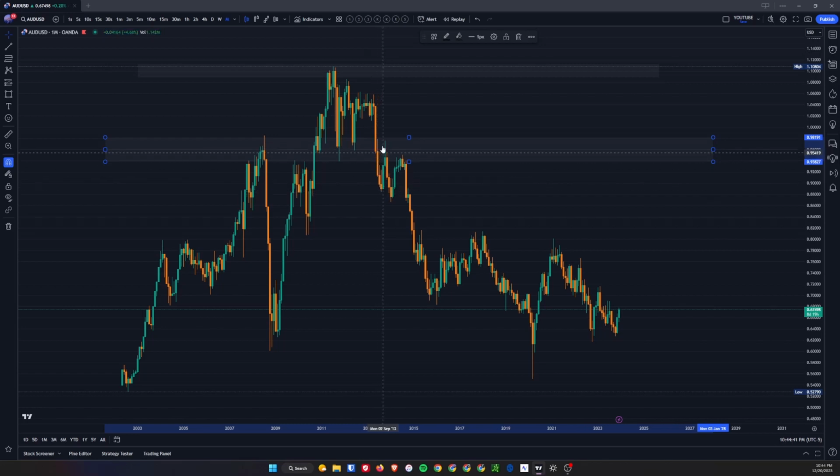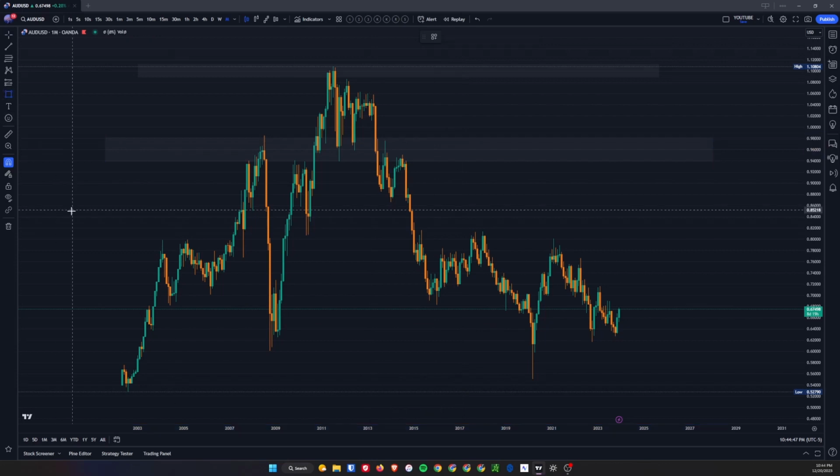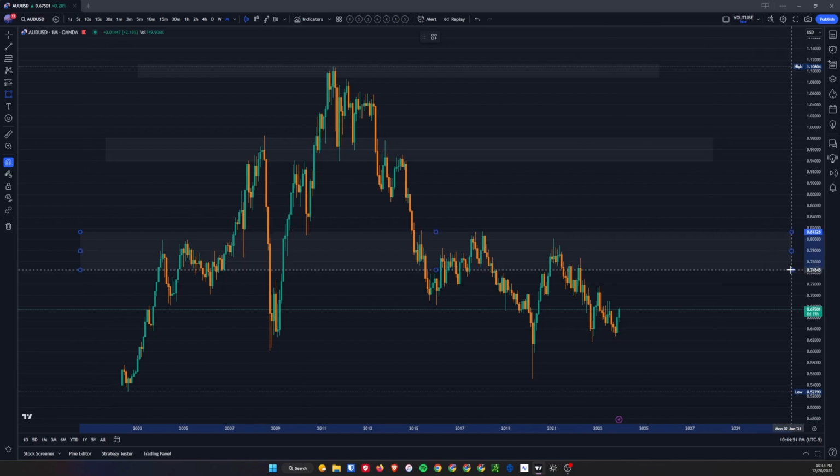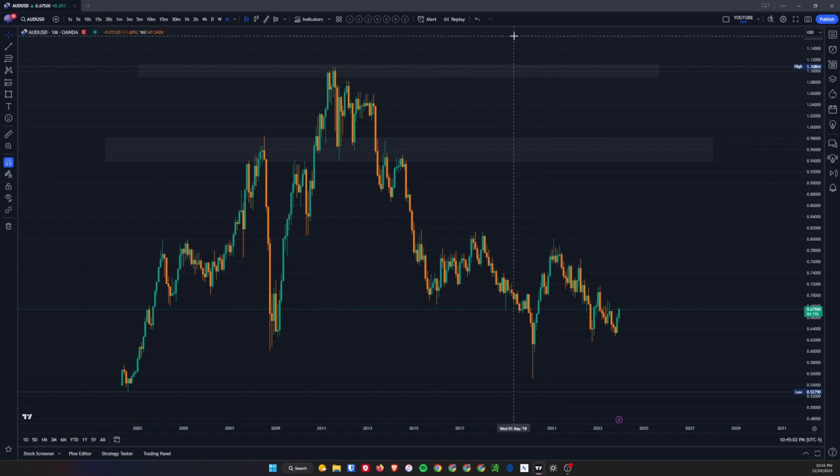Same right here: came up, respected it, came back down. That's another level. It respected it all through here. So those are the main levels of interest.